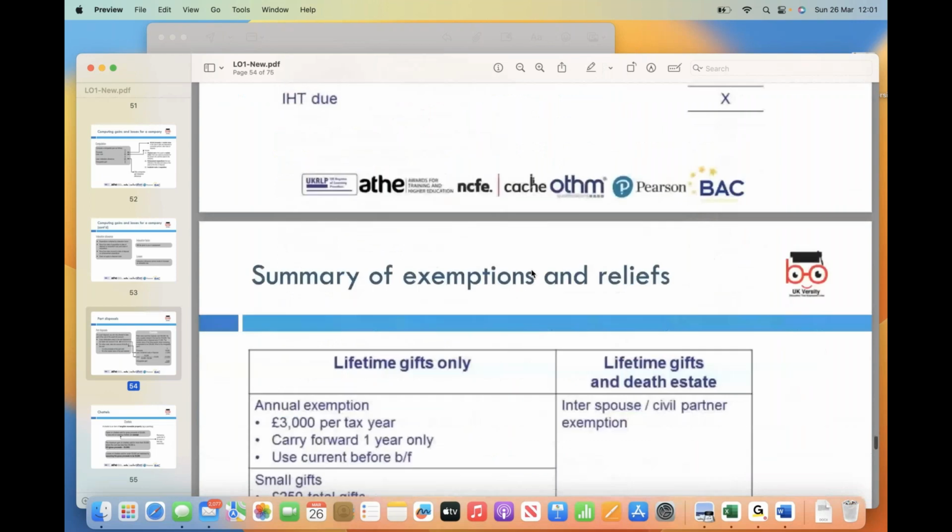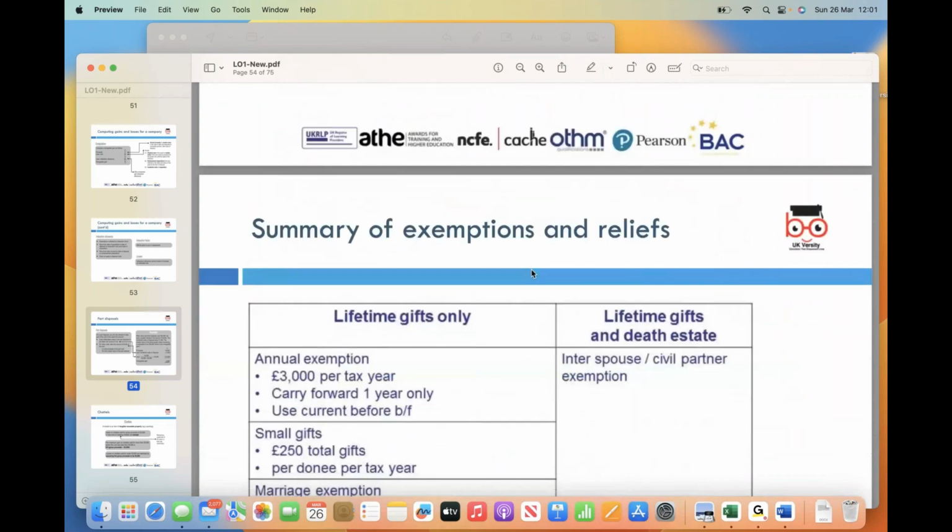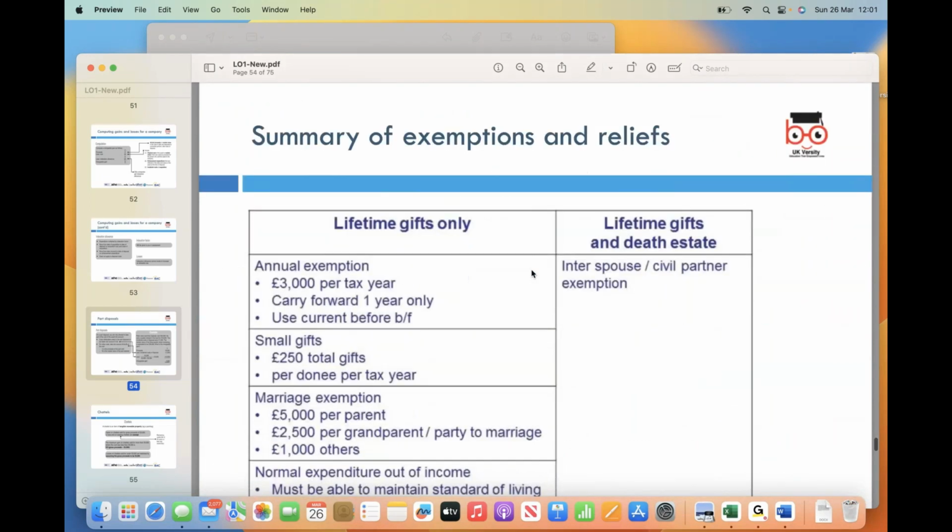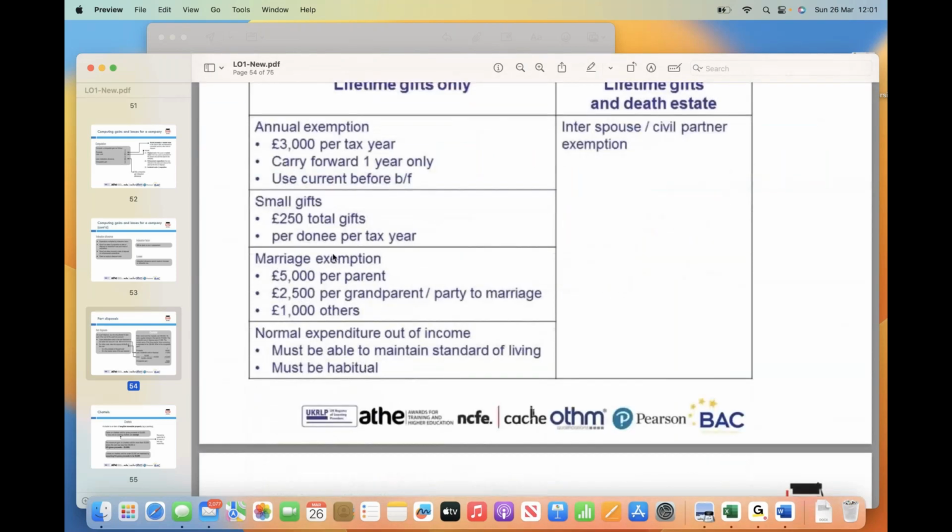So here is a summary of exemptions and reliefs. Annual exemptions: £3,000 per year, carry forward 1 year only, use current before brought forward, inter spouse and civil partner exemptions, lifetime gifts and death. Small gifts £250, total gifts per donee per tax year.